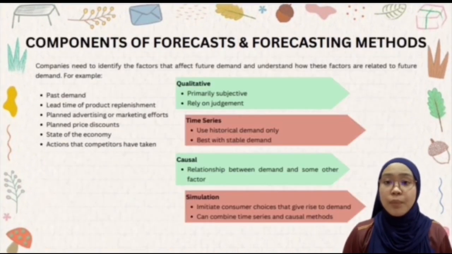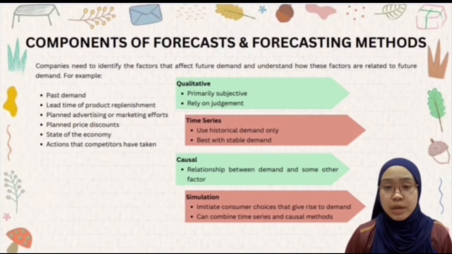These are the components of forecast and forecasting methods. First, a company must identify the factors that affect future demand, such as past demand, lead time of product replenishment, planned advertising or marketing efforts, state of the economy, and actions taken by the competitors. There are 4 forecasting methods. First, qualitative, which is primarily subjective and relies on judgment.